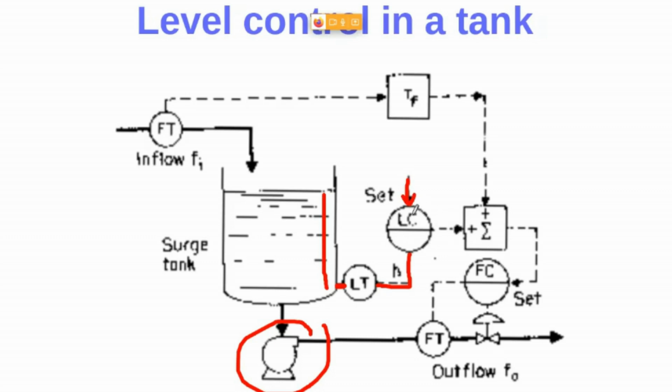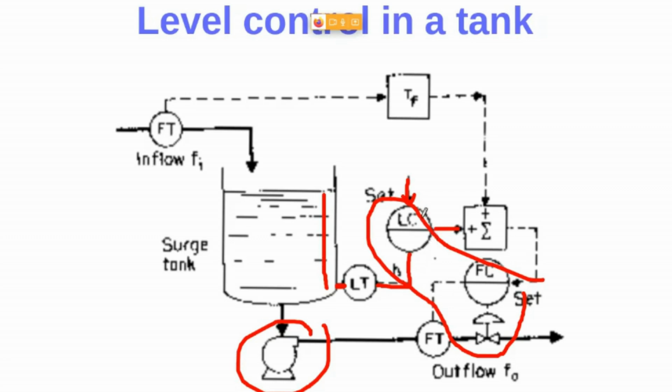And this level controller, as you can see, the output of this level controller is applied as the input of a flow controller. So we can say that here we have again a cascade control structure. We can say that this is a repetition of the first example that we have seen, because here you can see that we have a flow transmitter, a flow controller, so we can say that there is also a cascade control structure, and that's right.